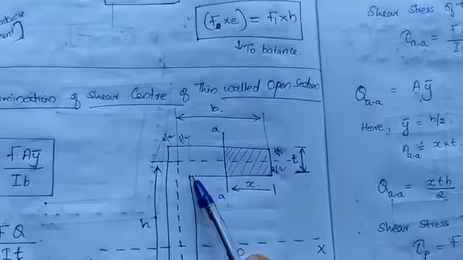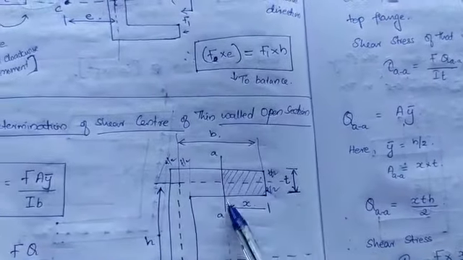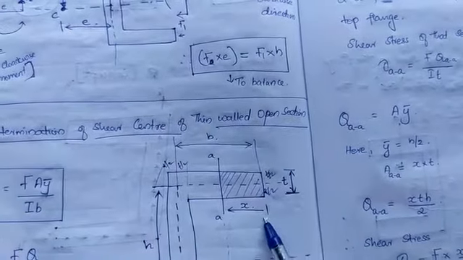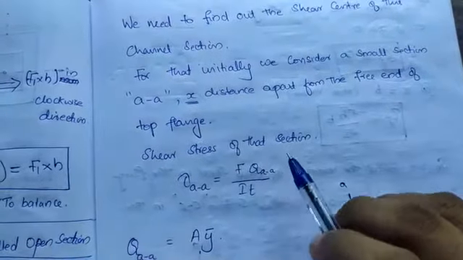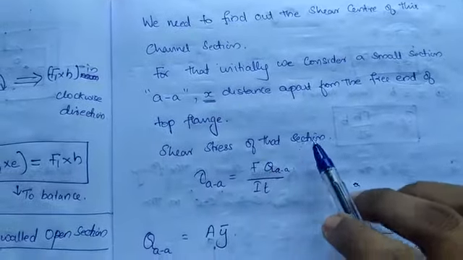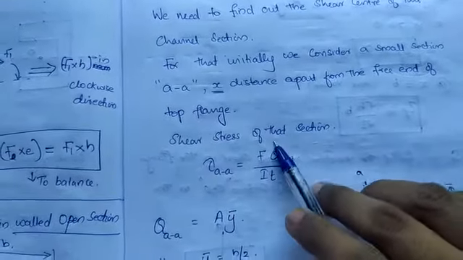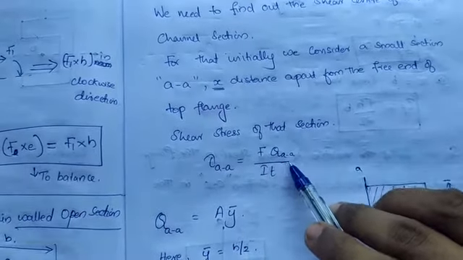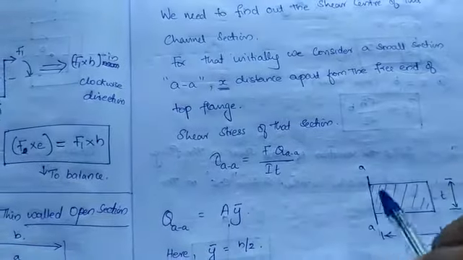The shear stress of that section is given by tau A is equal to F into Q, the statical moment of area, by I t. The rest are all constants for the whole structure.